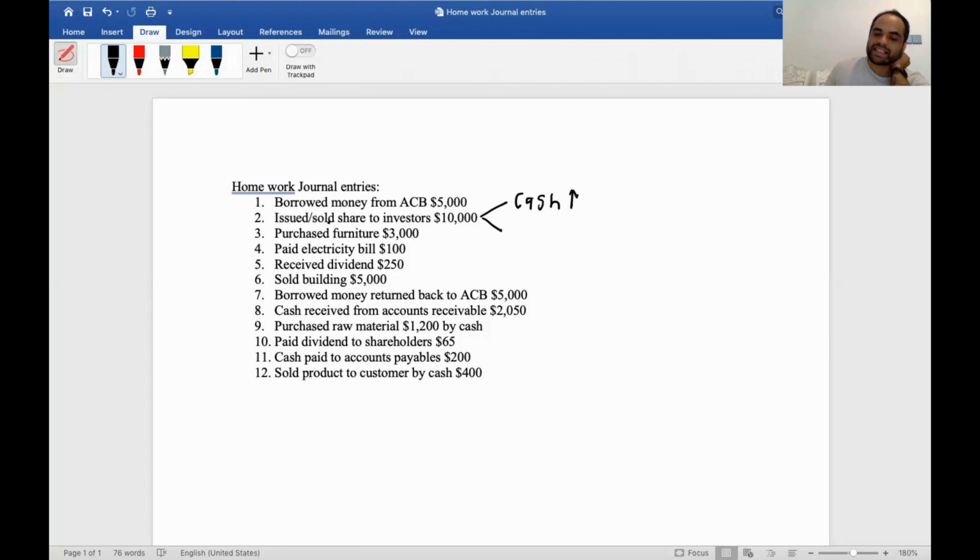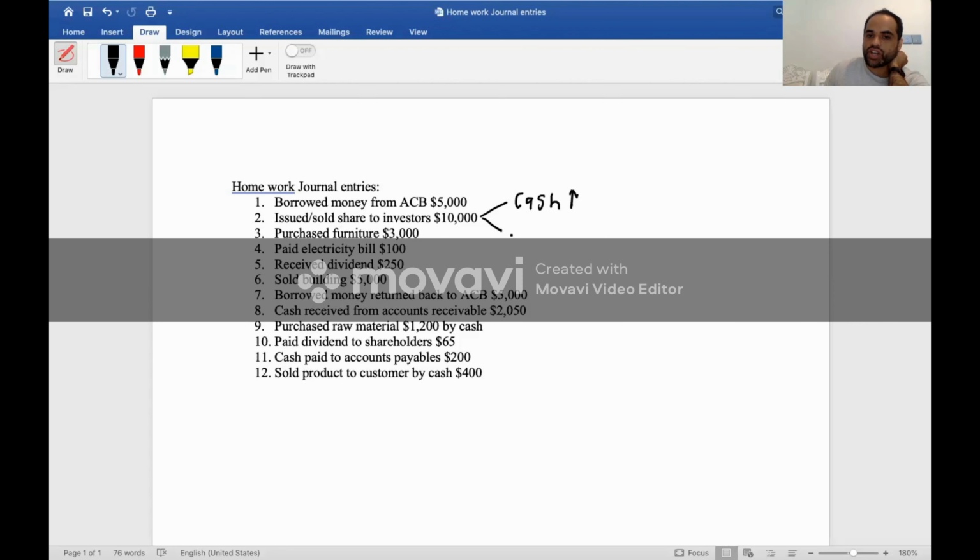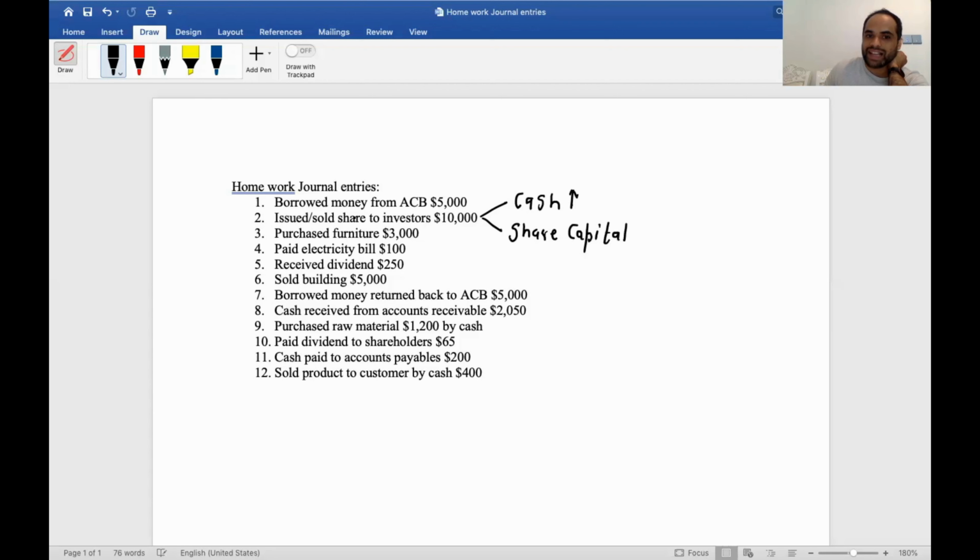Yes, it's selling shares, but it's not sales. This is your share capital, and share capital is your equity. So when you sell shares to raise money, your share capital increases, not decreases. Make sure you know that.